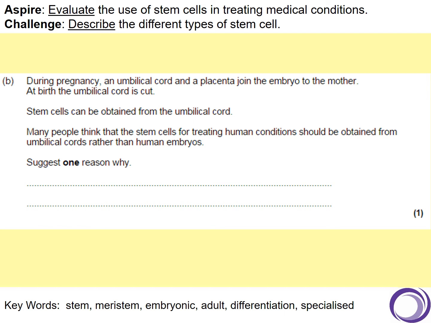Many people think that stem cells for treating human conditions should be obtained from the umbilical cords rather than embryos. Suggest one reason why. So the first question is, why can we use stem cells to treat paralysis? And the second question is, why take it from an umbilical cord rather than an embryo?